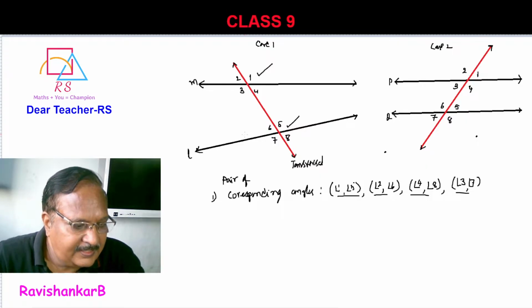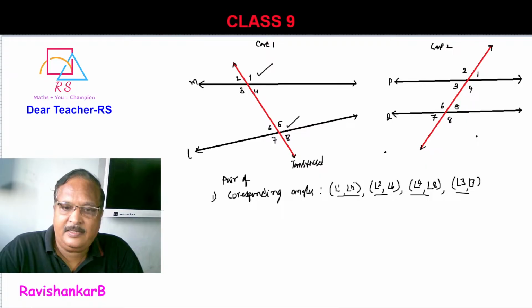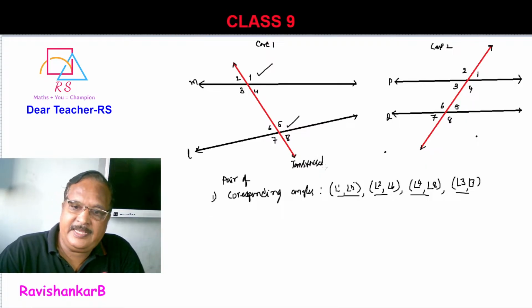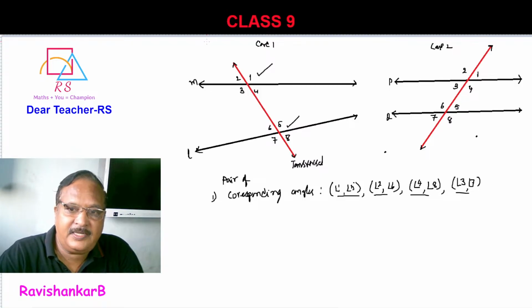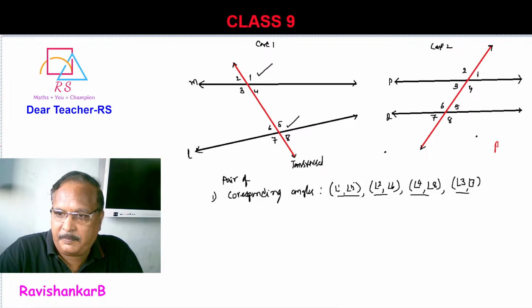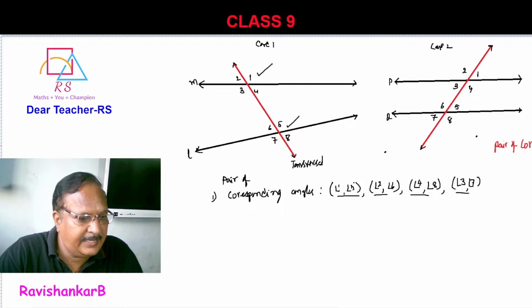Then this is a pair of corresponding angles in both the cases. But what is the specialty in the second case? If the two lines are parallel, the corresponding angles are equal. I am writing COR, corresponding angles are equal.